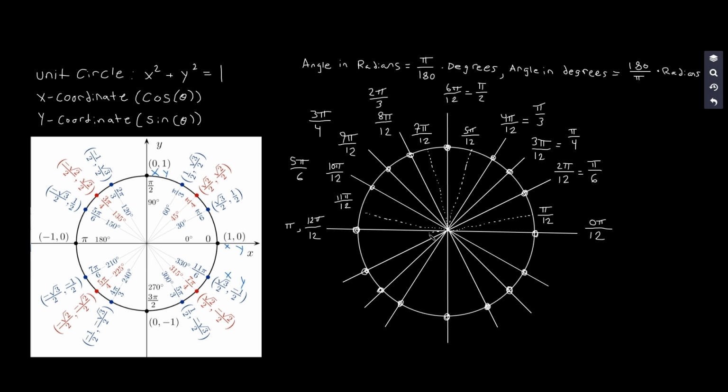And then we have our absent line, which is going to be 13 pi over 12. And then if we keep going, this is going to be 14 pi over 12, which can be simplified to 7 pi over 6.